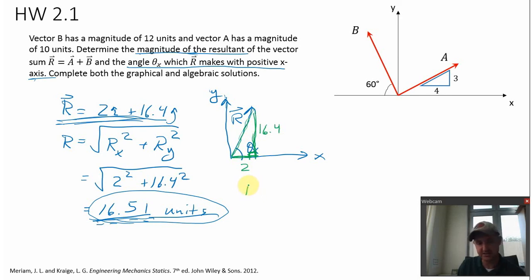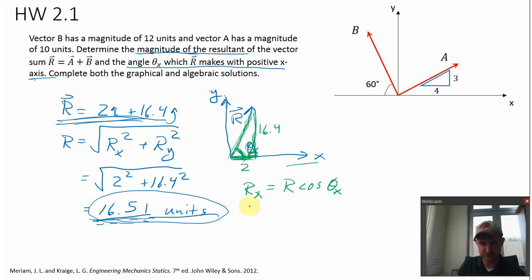What if I want to find the x component, Rx? Well, I would do that by taking the length of the vector times the cosine of this theta x. Now notice theta x is the angle that the vector R makes with the positive x-axis here. So the hypotenuse times the cosine, because the leg of length 2 is adjacent to this angle theta x.